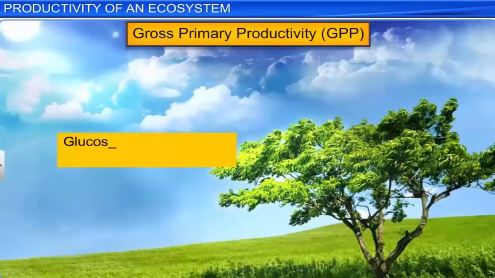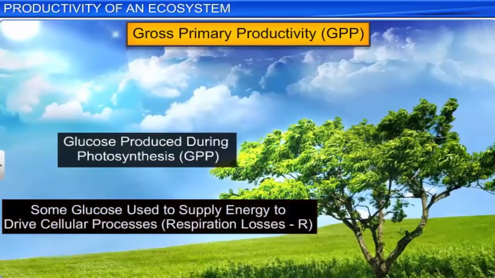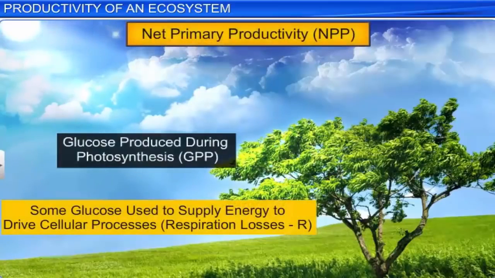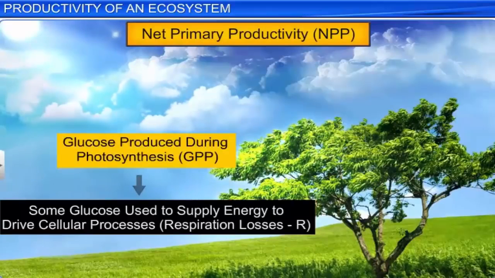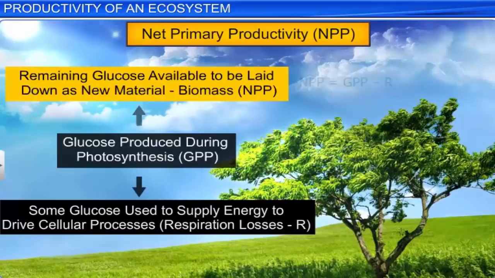A fraction of this GPP is used by plants during respiration to meet their energy requirements. This is known as respiration losses and is denoted as R. Now, if respiration losses are subtracted from GPP, net primary productivity is obtained, which is the net biomass available for consumption by heterotrophs.